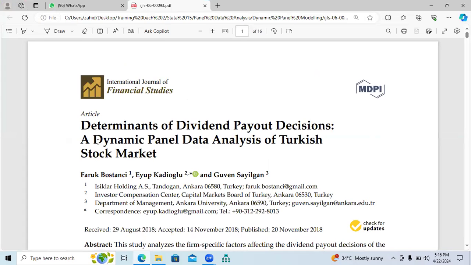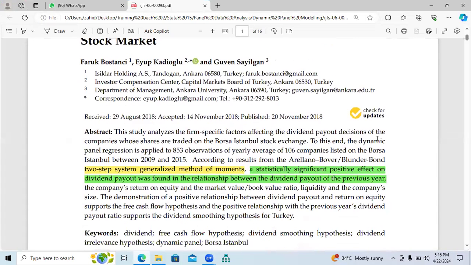So today we are going to discuss the dynamic panel data analysis, where N is greater than T. Always remember that whenever you have N greater than 25 and T less than 25, you are going to apply the dynamic panel data analysis.